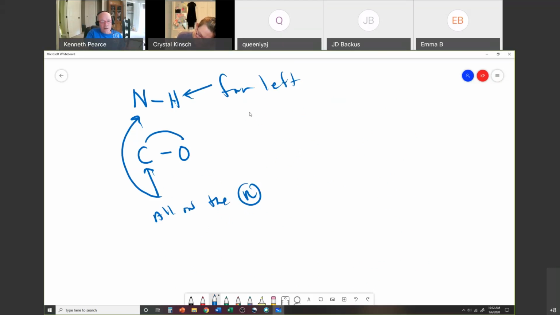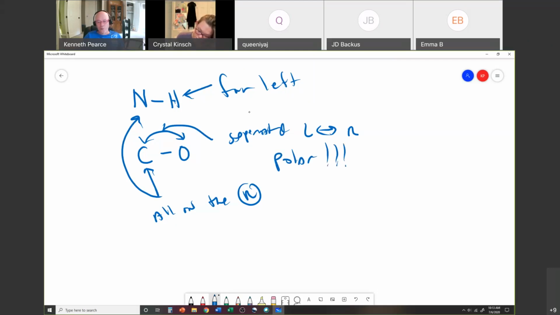But these guys right here, these are separated left to right. Now this goes back to the electronegativity, electron affinity, ionization potential, you know, if you saw the numbers differed from left to right. So these would definitely be polar bonds. Both of these are polar.